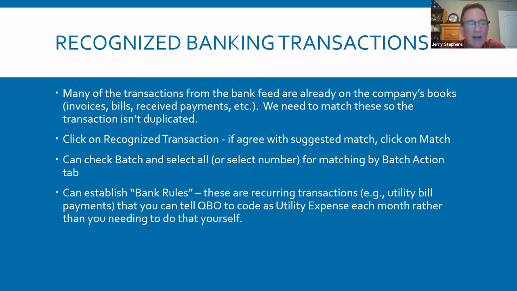You can also set up bank rules within QuickBooks. So, if you get a utility bill from Duke each month, you can tell QuickBooks to code that as a utility expense. So when that comes through from Duke, maybe an ACH transaction that comes through a bank account, QuickBooks will see it from Duke and automatically code that as utility, and it will be matched throughout QuickBooks. You really won't have to do any coding for that at all.